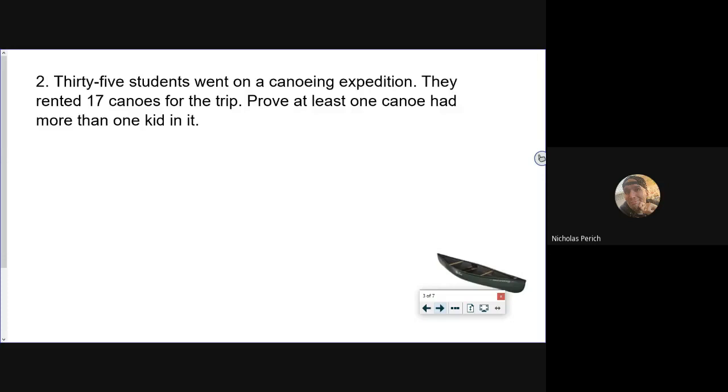Let's assume, and this is what I have to prove, at least one canoe had more than one kid.